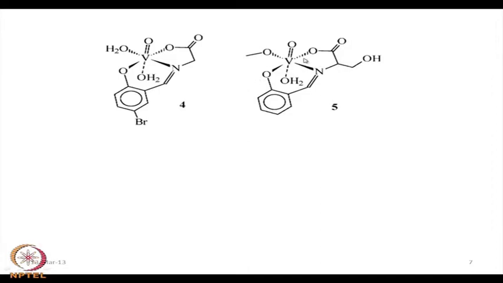Similarly, in the second case, we have a different type of ligand with less substitution on the salicylaldehyde ring, that means it is not the bromo-substituted one, it is the simple salicylaldehyde ligand, and we have some other group like an amino acid derivative with an alcohol part pendant over here, so we can check whether there is some preference of binding through the oxygen of the carboxy end or the hydroxy group from the alcohol end.